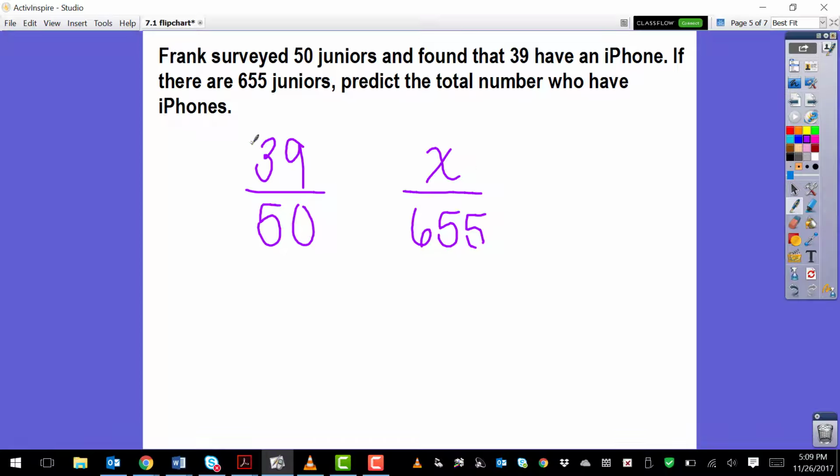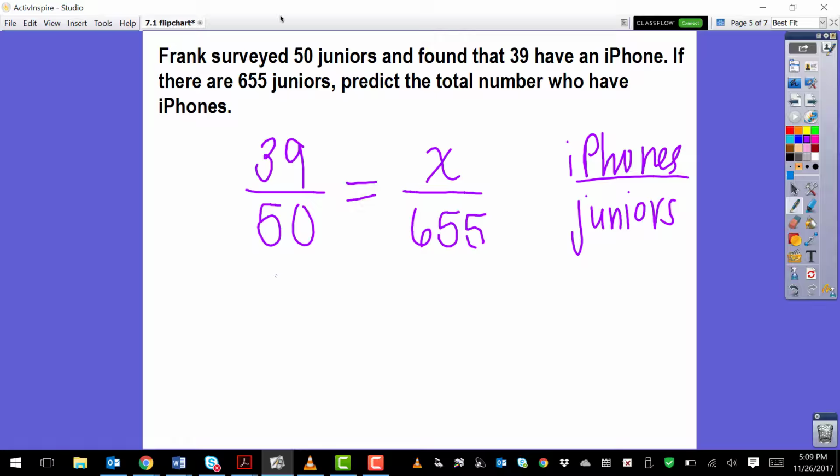So I'm putting the number that have iPhones over the number of juniors. So if there's 39 kids who have iPhones over 50 juniors, how many have iPhones over 655 juniors? Those ratios should be the same.